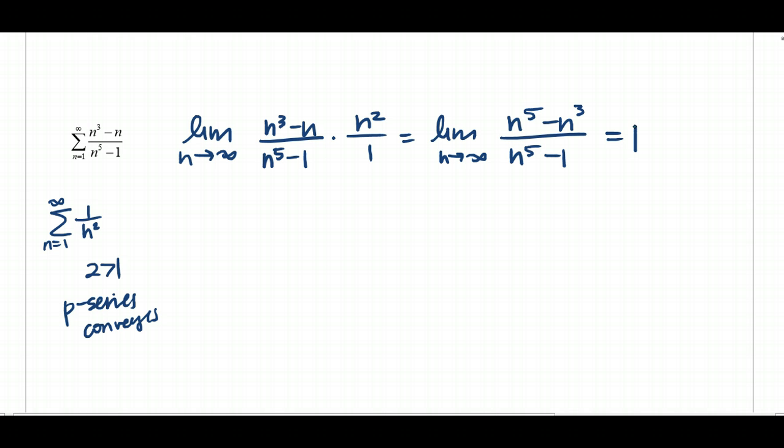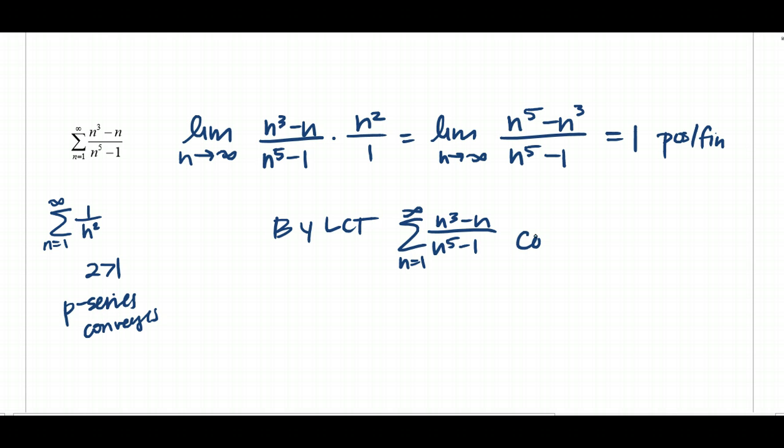This limit at infinity converges to 1. So since this is positive and finite, both of these series behave the same way, so that must mean by the limit comparison test, the original series n cubed minus n over n to the fifth minus 1 must also converge.